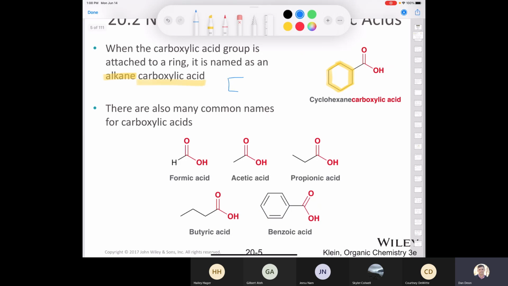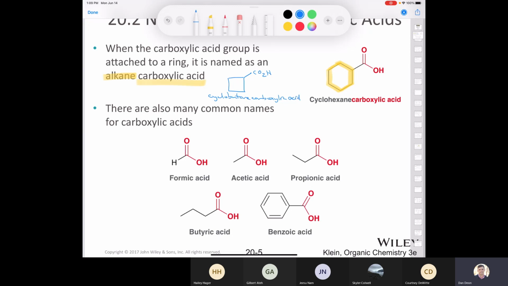If you had this, for example, the condensed form of a carboxyl group is CO2H, and this is a cyclobutane. So this would be cyclobutane carboxylic acid. You need a lot of space to write these things down. I'm kind of getting messy here. There we go.